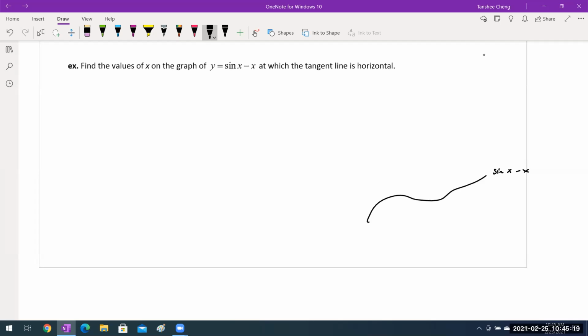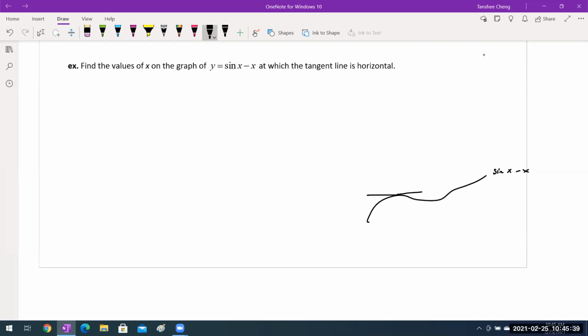And what we want to do is find which x value will give a horizontal tangent line. When the tangent line is horizontal, the horizontal line has slope 0. So that means the tangent line has slope 0.